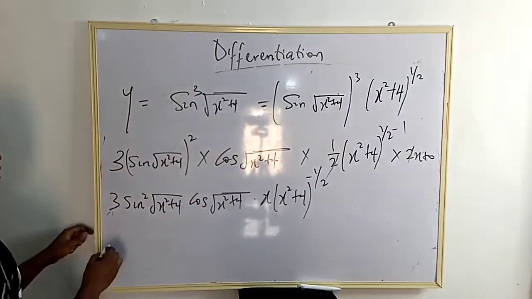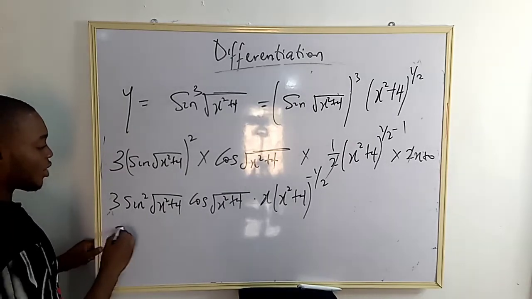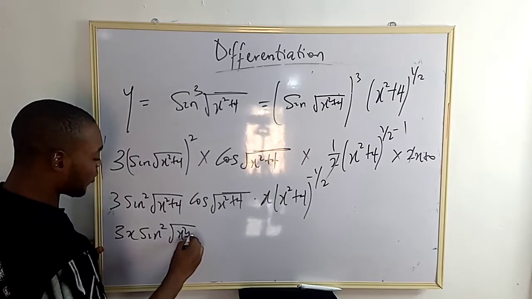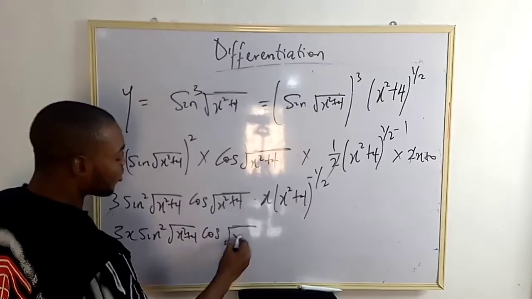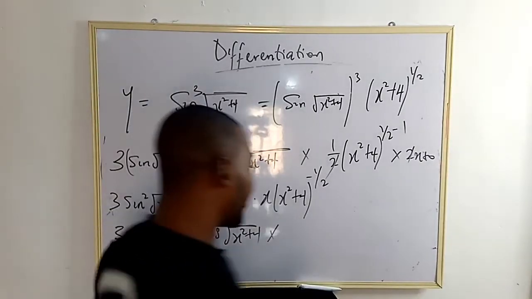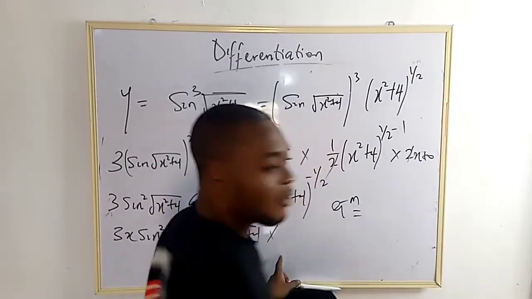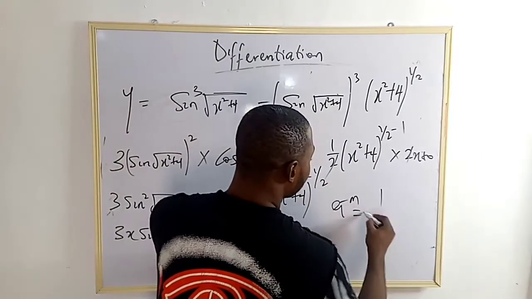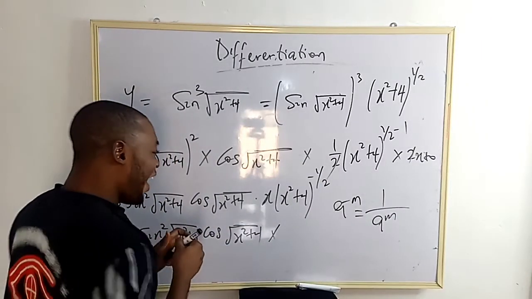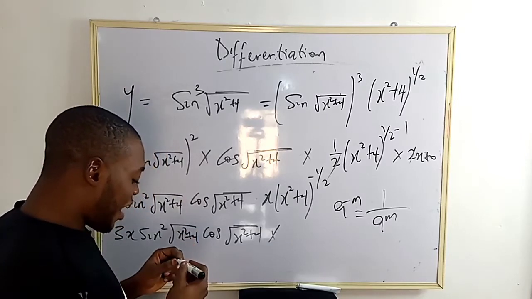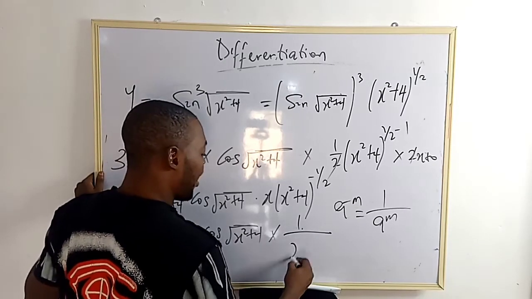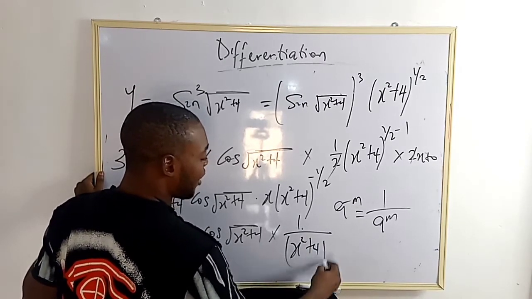So this is the same thing as 3x sine squared square root of x squared plus 4 cos square root of x squared plus 4 multiplied by, if you remember from indices, a raised to power minus m is the same thing as 1 over a raised to power m. If you apply that, x squared plus 4 raised to power minus half is the same thing as 1 all over x squared plus 4 raised to power half.